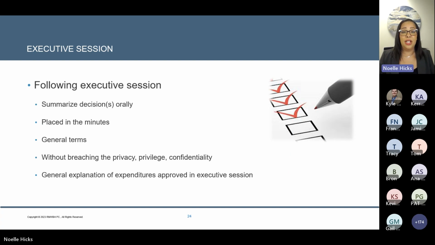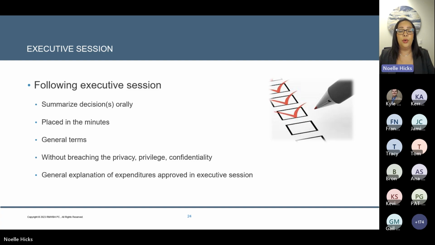Now, after the executive session is over with, you are going to reconvene into the board meeting and summarize the decisions that are made orally. Place those decisions in the meeting minutes in very general terms, because again, you don't want to reveal too much information. You don't want to breach the privacy or confidentiality or even privilege perhaps of anybody that was discussed during that executive session.